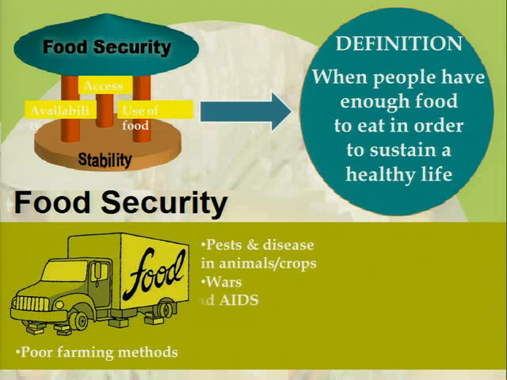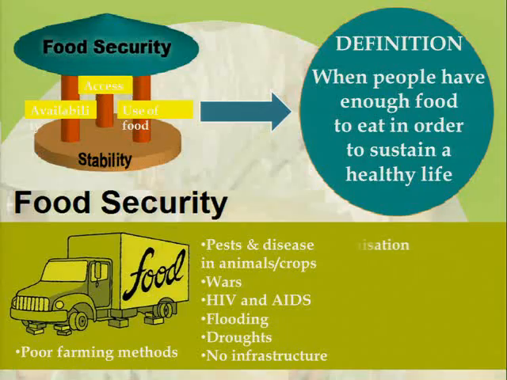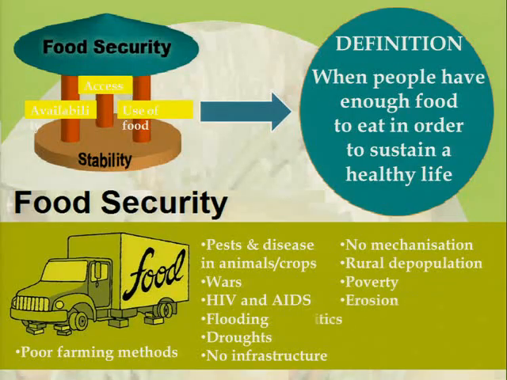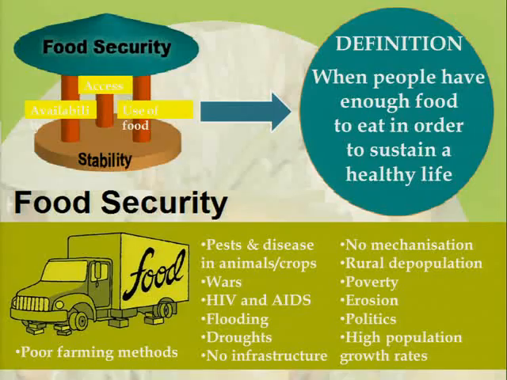Wars, HIV and AIDS will result in food insecurity. Flooding and natural disasters cause droughts and floods. They will result in food insecurity. These are all the factors that cause food insecurity.